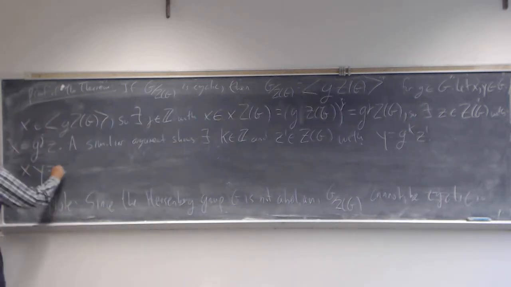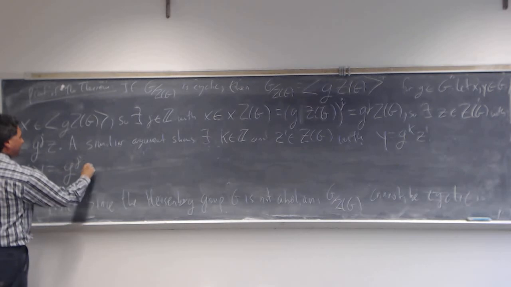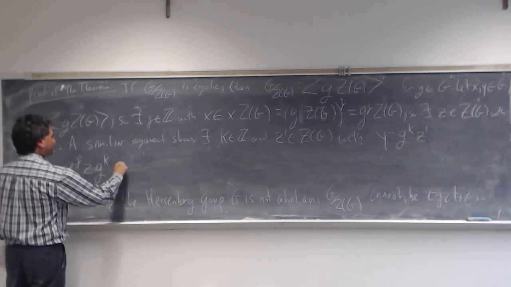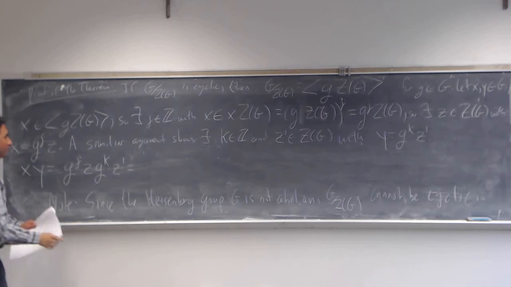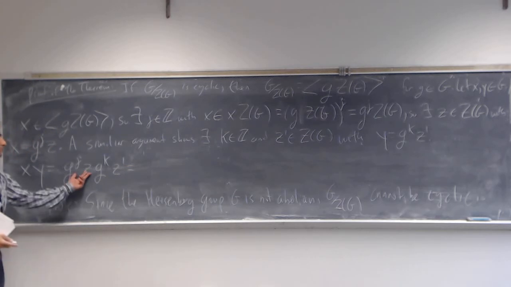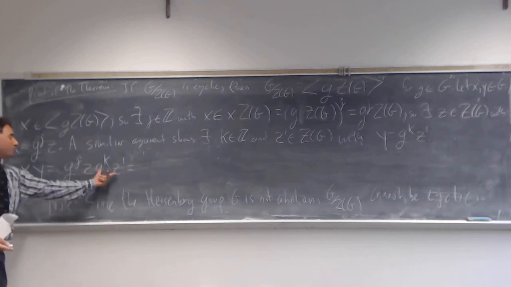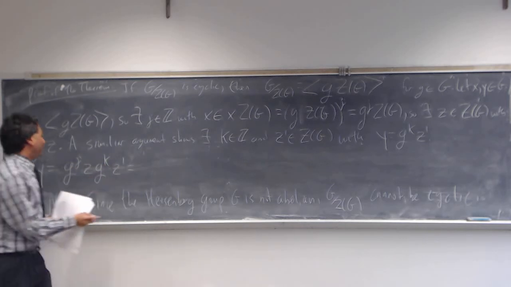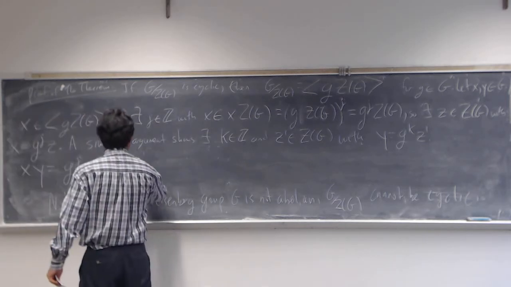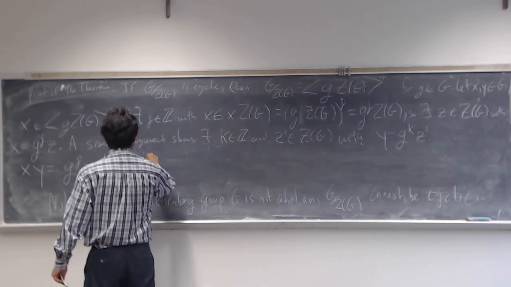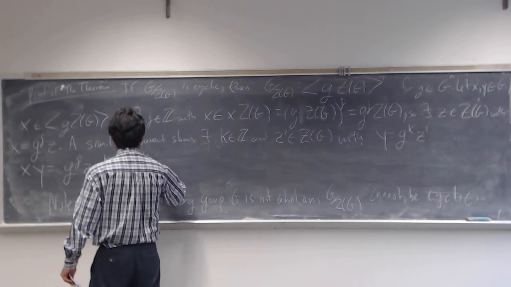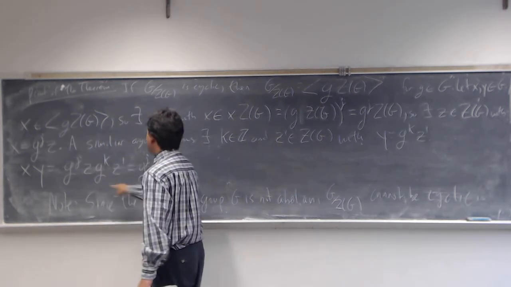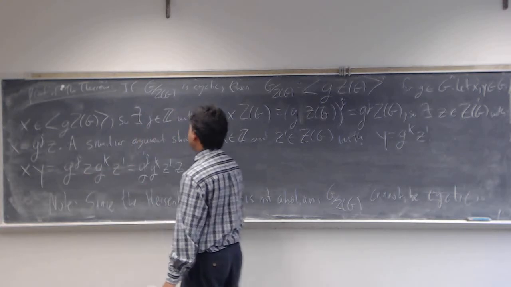So xy would be G^j Z G^k Z prime. Z is in the center, so let's commute it with this. This itself is one element, so we might as well just move this element all the way over here. So this is G^j G^k Z prime times Z. Right? The center I can commute past everything.